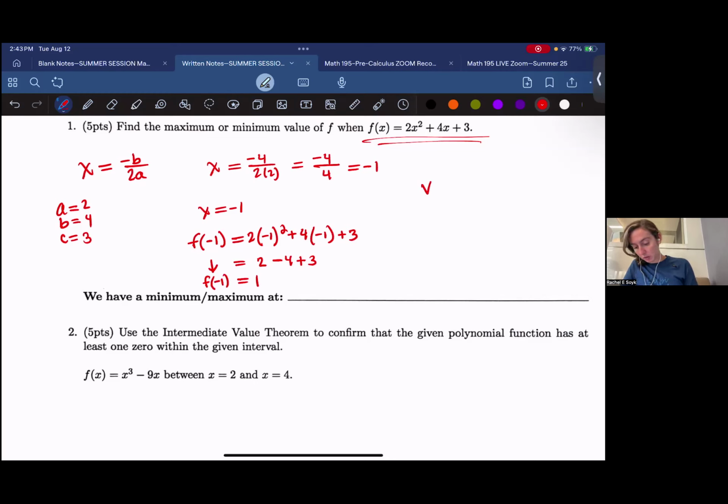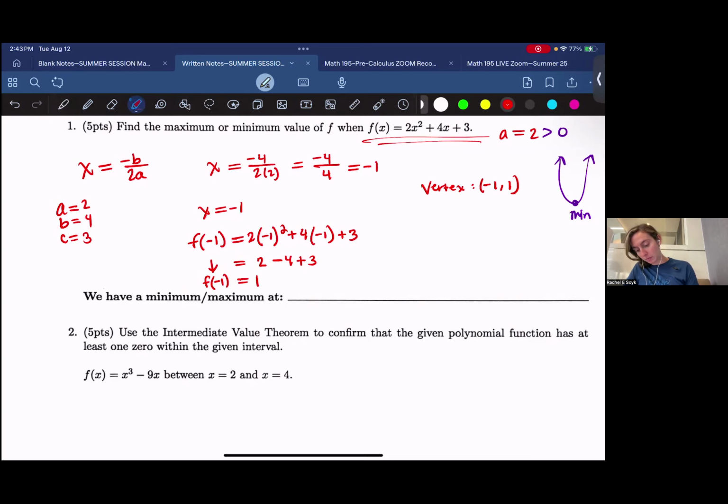This tells us that our vertex is at negative 1 comma positive 1. And because our a, which is 2, is greater than 0, we have a U-shape, also known as a minimum.